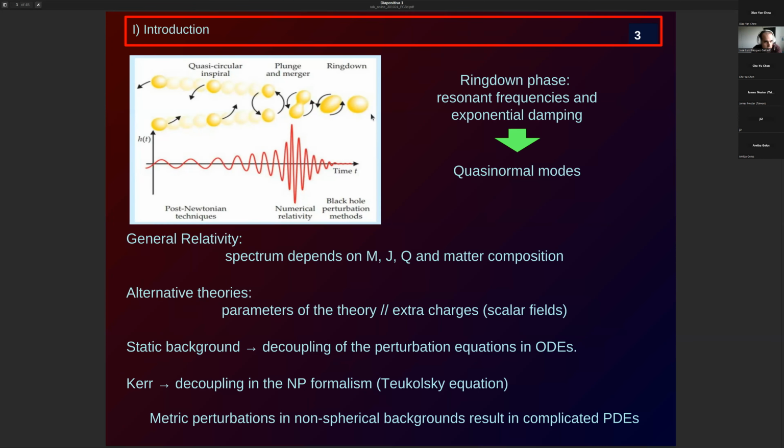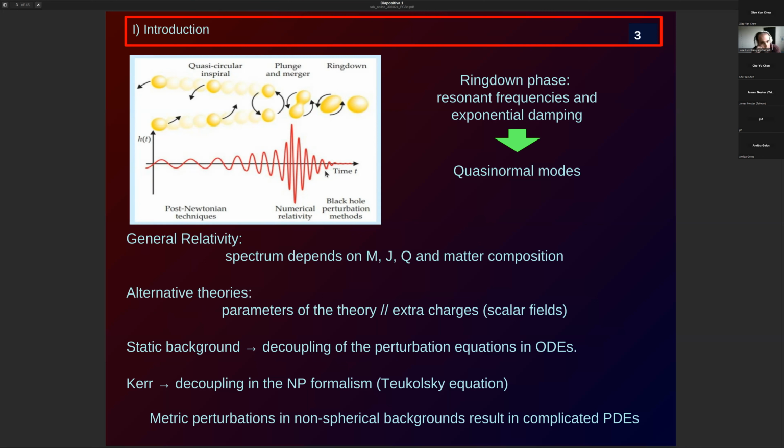So each phase can be studied with different tools. For example, the spiral phase with the post-Newtonian formalism, the merger has to be done with full numerical relativity, but the ringdown phase can be done using black hole perturbation methods, in the sense that you can perturb the solution with some set of non-radial perturbations.